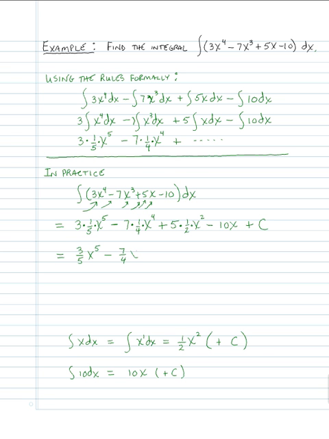And, of course, that's times x to the 4th power. And then I have 5 times 1/2, which is 5/2. And, of course, that's times x squared. And then I have just a minus 10x and a plus c. And so there I would have my integral completed.